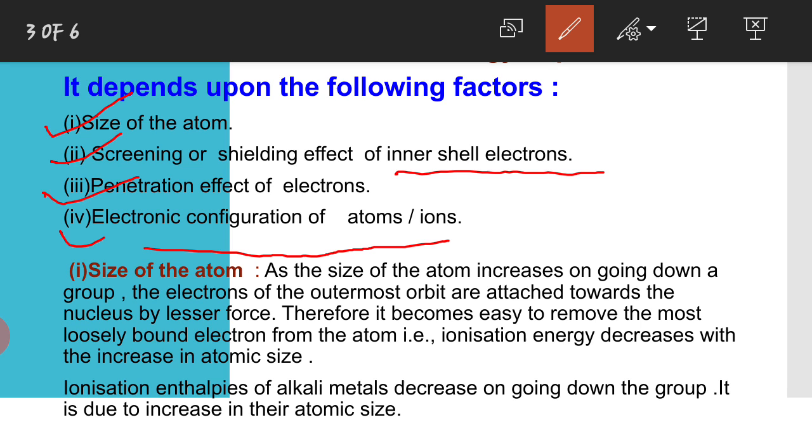That is, ionization energy decreases with the increase in atomic size. Ionization enthalpies of alkali metals decrease on going down the group. It is due to increase in their atomic size.